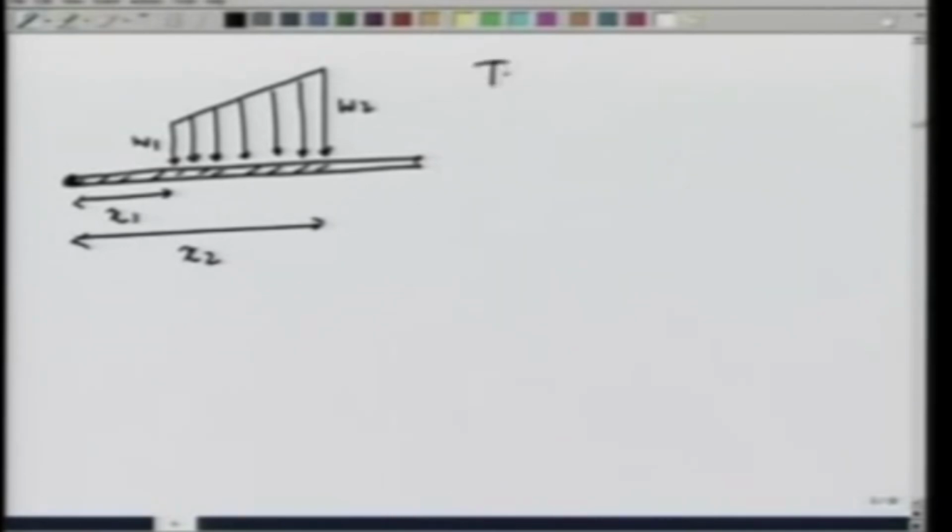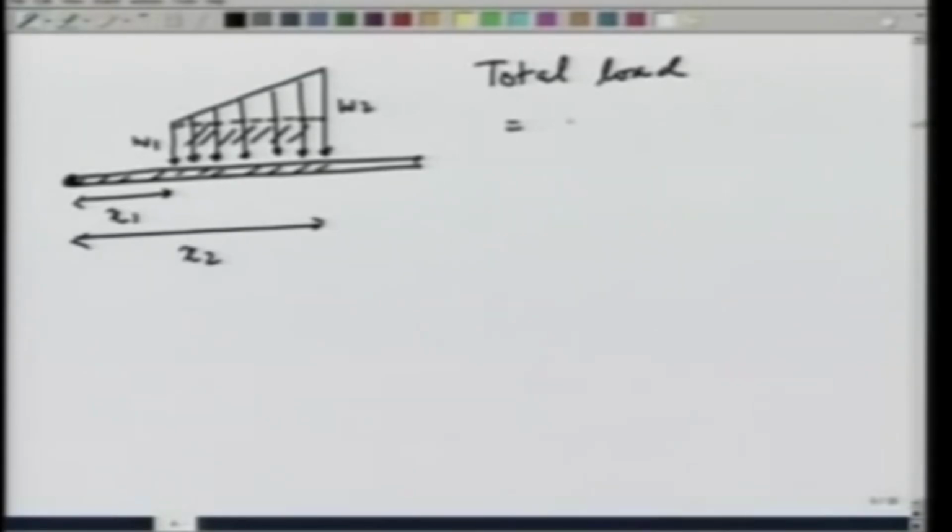So, total load is going to be the area of this trapezoid. I can, for later reference, divide this area into two areas, one corresponding to this rectangle of height W1 and width x2 minus x1, and another one the triangle.